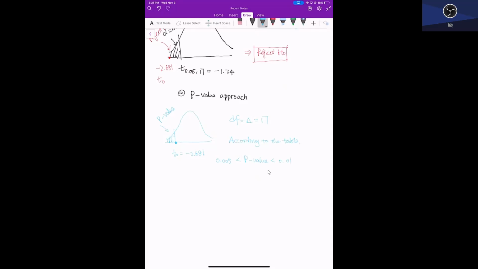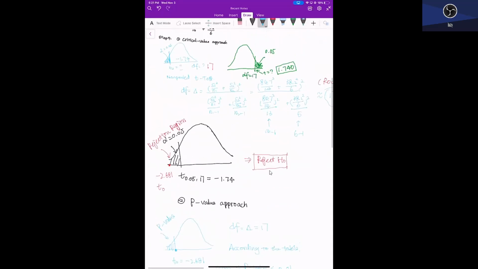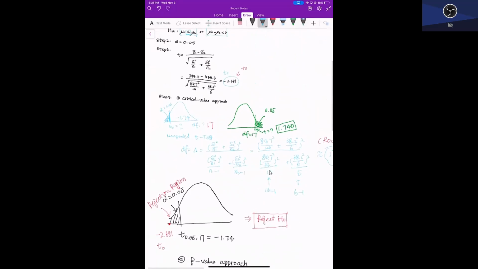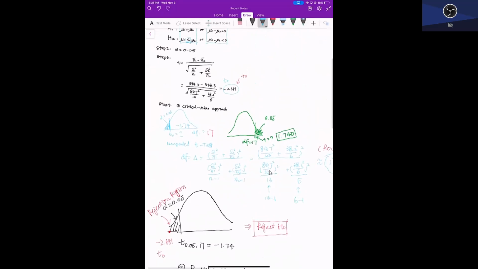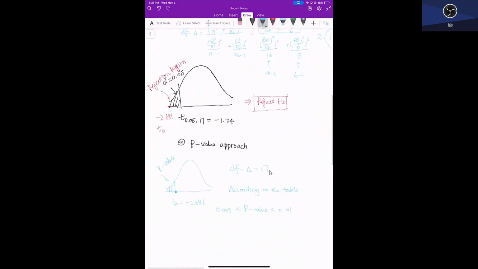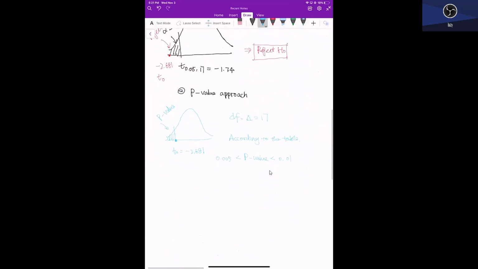That's my p-value. And back to my alpha. Alpha is 0.05, right? 0.05, my alpha, step 2. This is definitely less than my alpha.